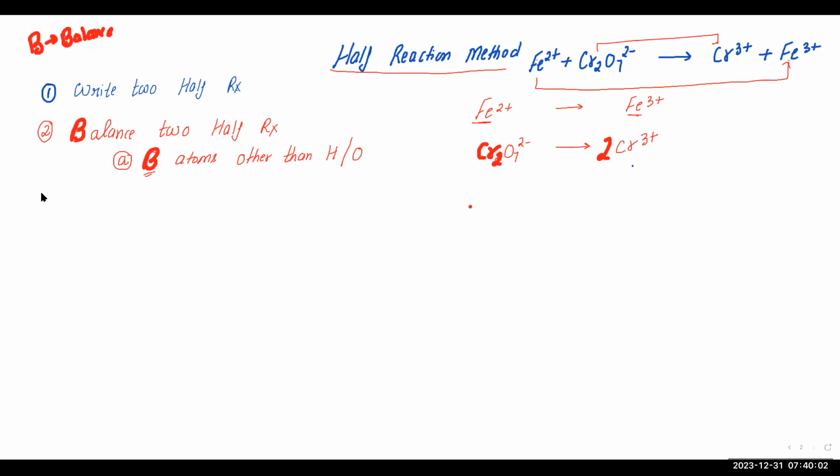Rule number 3. Now we are on rule number 3. Sorry, not 3. Rule number B. We are on rule number 2. This is the B part. Now again balance. Now this time balance oxygen by adding water. So do I need to do anything in the first equation here?